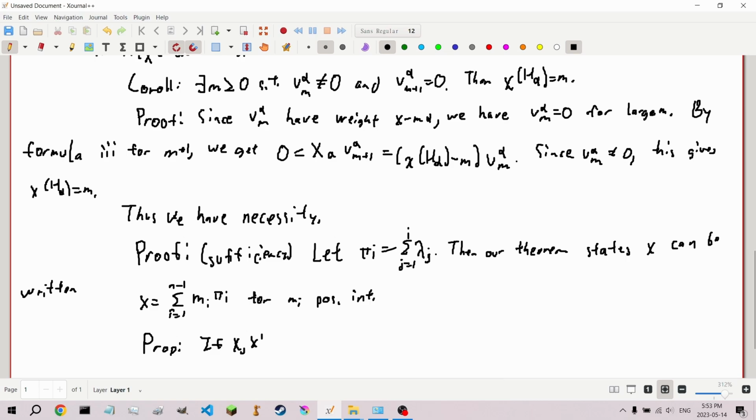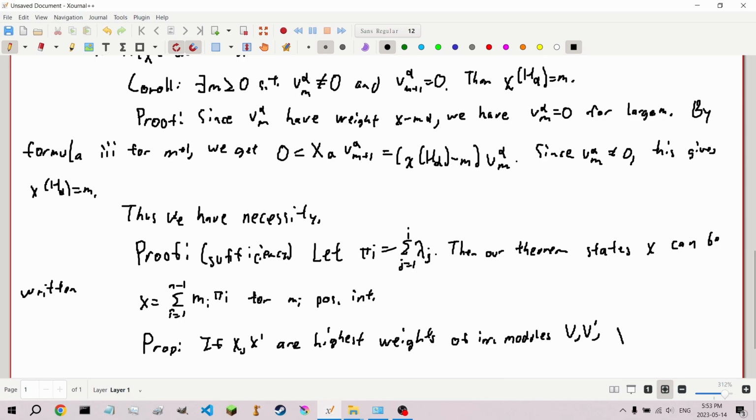Chi and chi prime are highest weights of irreducible modules V and V prime.